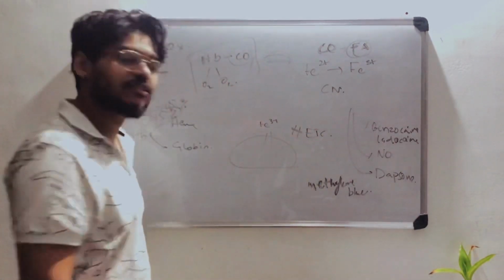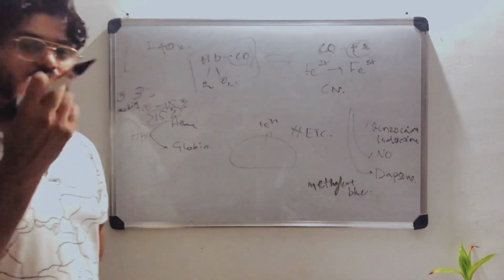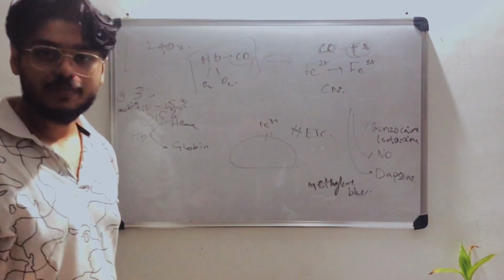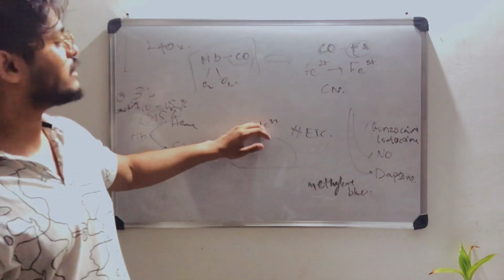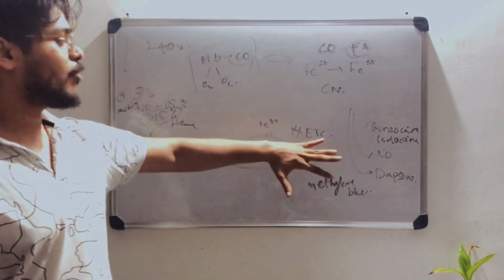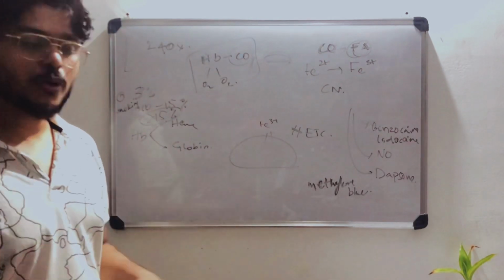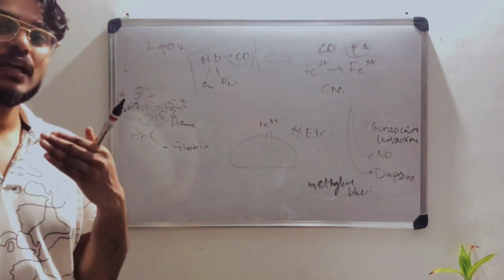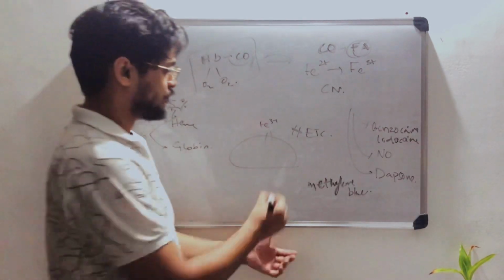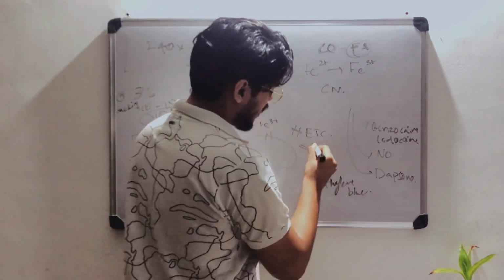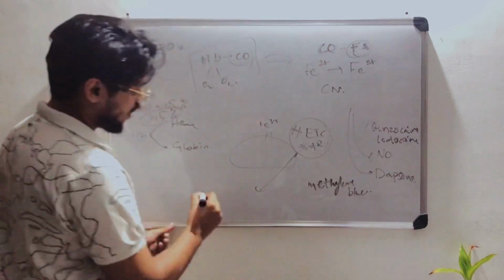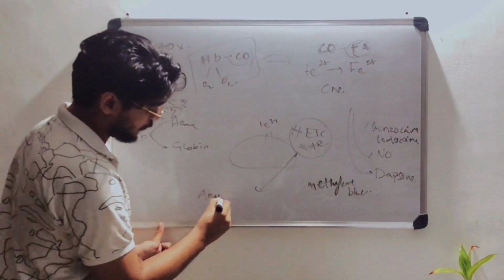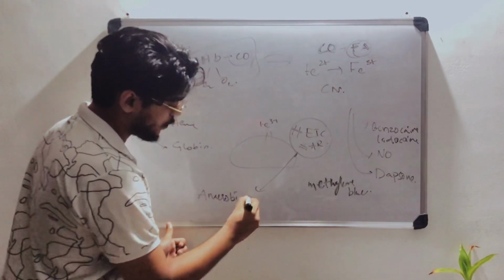At the end of the electron transport chain, oxygen is receiving the electron, right? But when Fe3+ is bound with cyanide, it blocks this electron transport chain. Therefore, it blocks aerobic respiration. Therefore, it undergoes anaerobic respiration, anaerobic metabolism.